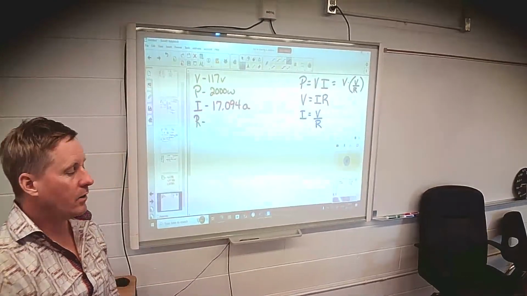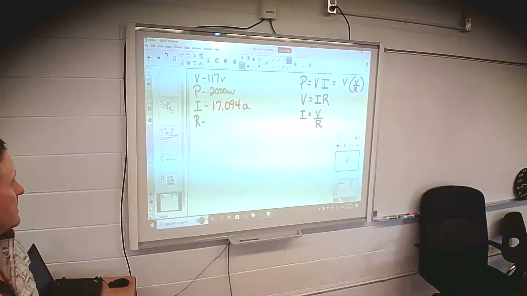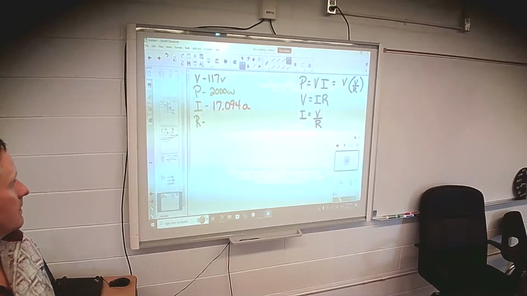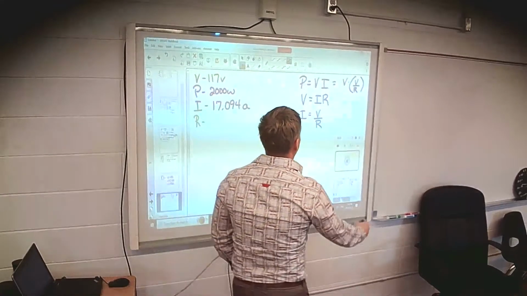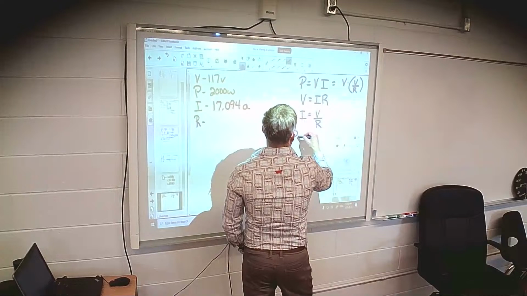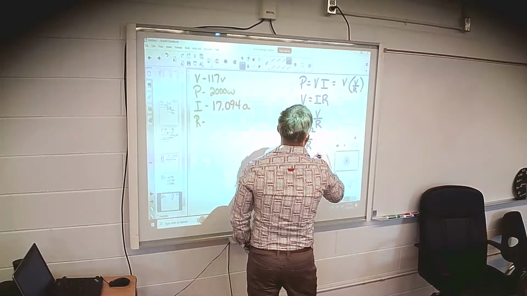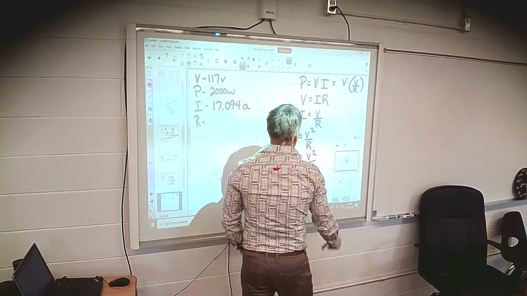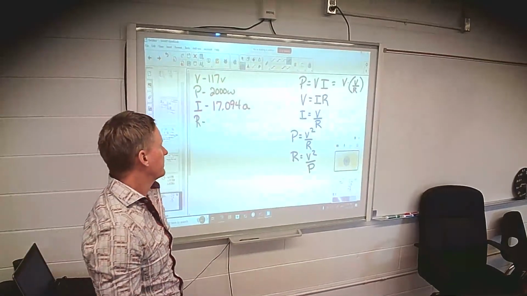So what does power equal? V squared over R. Oh, sorry, I want resistance, right? So let's go down here. P equals V squared over R. Therefore, R is equal to V squared over P. So take 117 squared and divide it by 2,000.